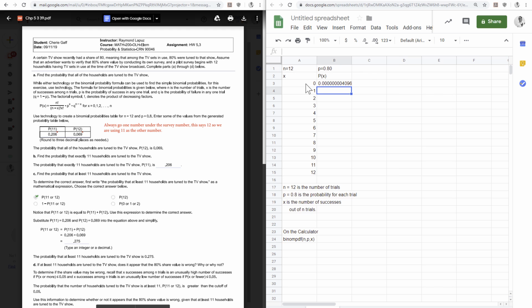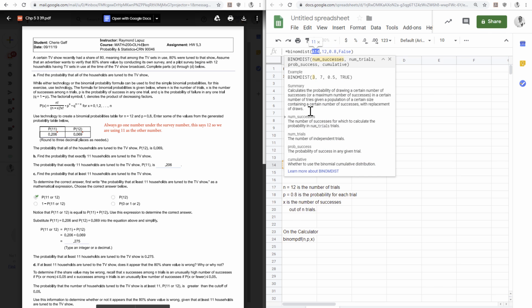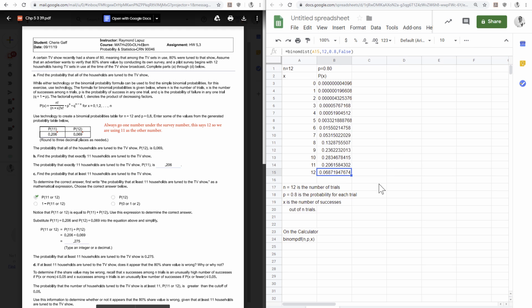But then if I click and drag, I'm going to get the probabilities for different values. For example, if there were 11 successes out of 12, the probability would be 0.206. And if there were all 12 of them, the probability would be 0.0687. Okay, so that's how they get that.